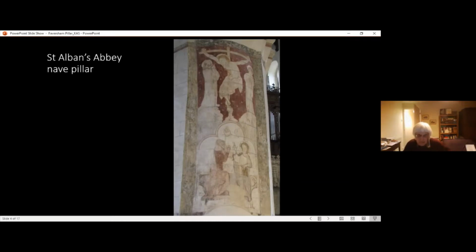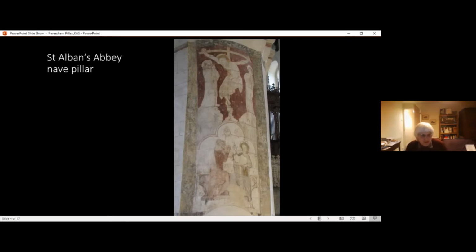Creation had been achieved in 7 days, and therefore the 8th day was the idea of regeneration. And if you're thinking about fonts, you've got again that idea of 8. Now, as far as Faversham is concerned, we have got our 8-sided pillar.